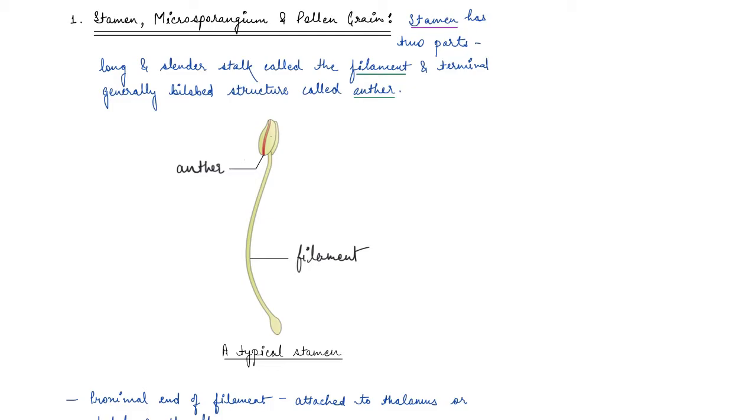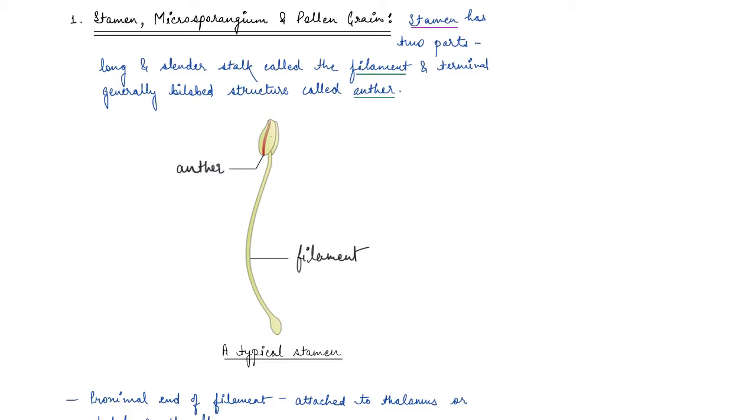Okay, so the proximal end of the filament is attached to the thalamus or the petal of the flower, right? And the number and length of the stamen are variable in different species of plants, right? If you collect stamens of different flowers, you'll see that they vary in sizes, in shape, and in numbers, right?